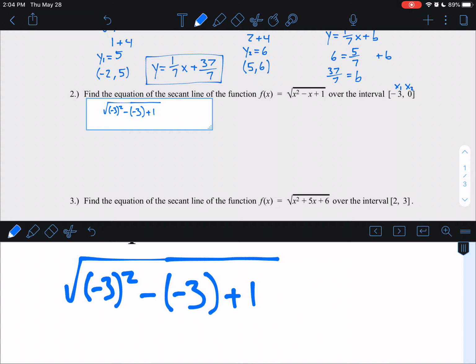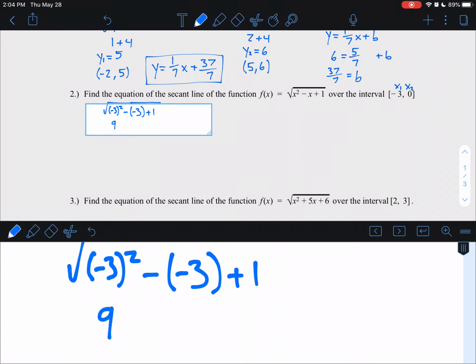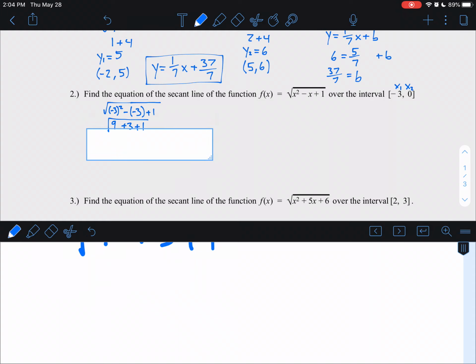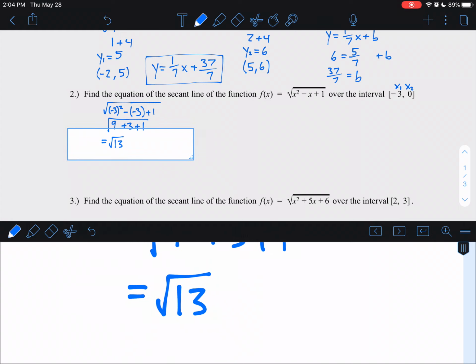Let's see, -3 squared, I know that's 9. And then minus -3, so that's just plus 3 plus 1. And 9 plus 3 is 12, plus 1 is 13. So this is the square root of 13, and that is my first y value. So that's my y1.